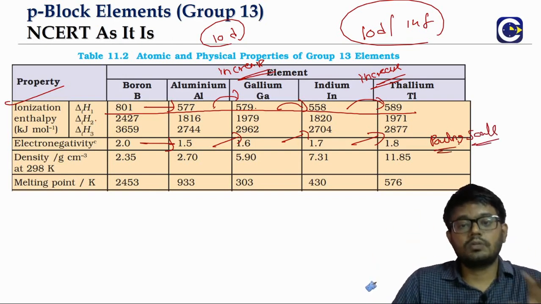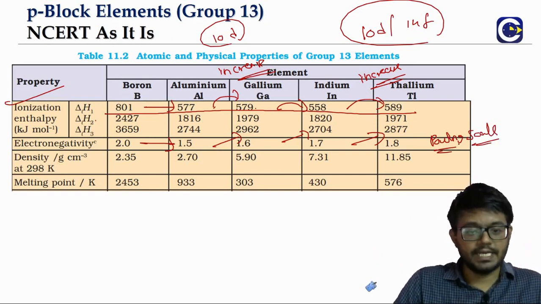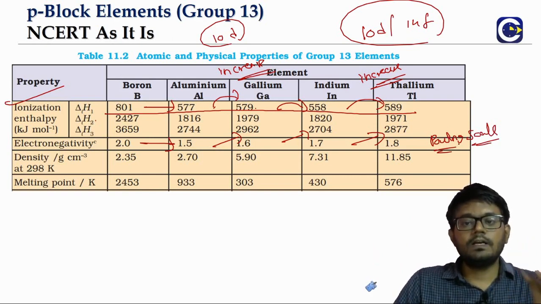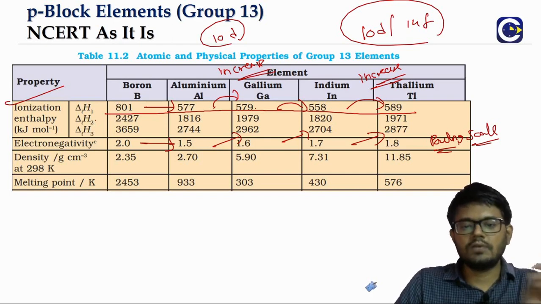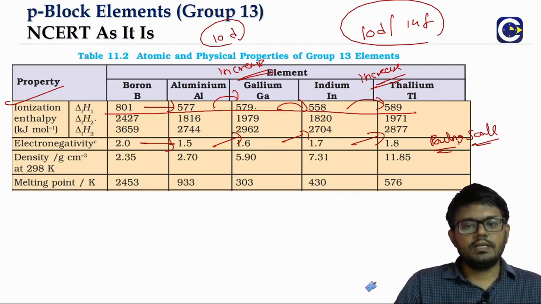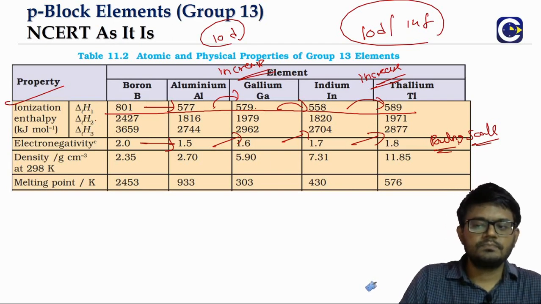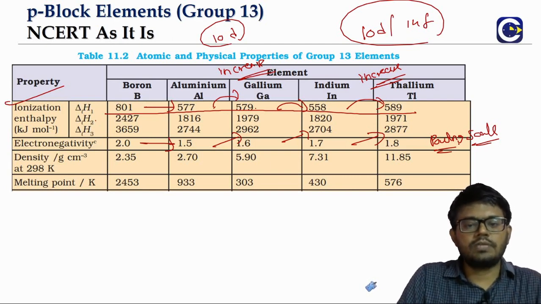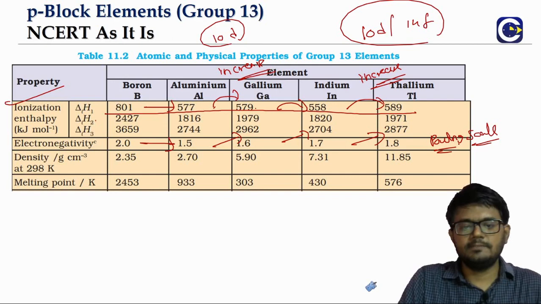Whenever we are talking about the study of groups, you should have good command of the periodic classification of elements, because a lot of these things we would have talked about in those videos, so you can connect them easily. So the electronegativity values are all the values on the Pauling scale.